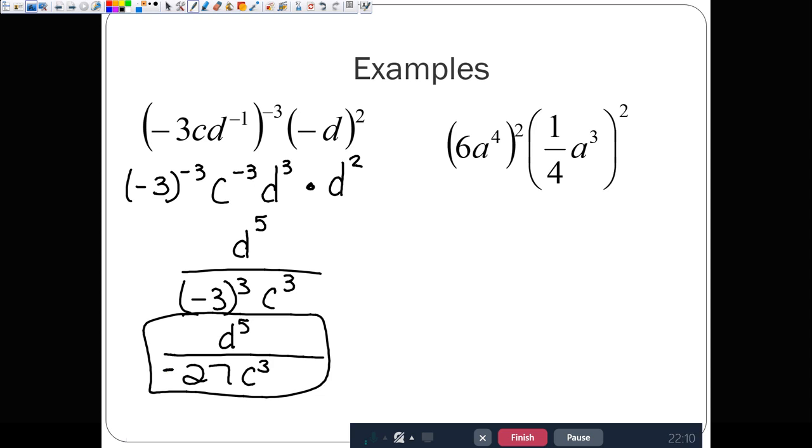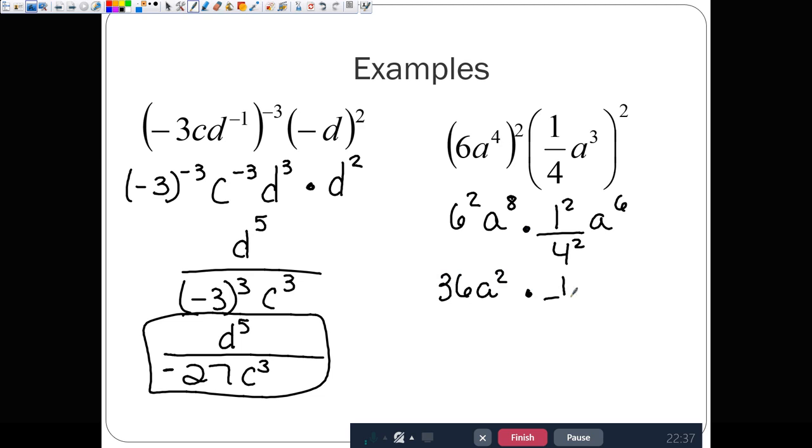Okay, so 6 is being squared, and A is going to be to the 8th. Okay, my 1 is going to be squared, my 4 is going to be squared, and my A is going to be to the 6th. Okay, so what is 6 squared? 36. 1 squared is 1, 4 squared is 16.